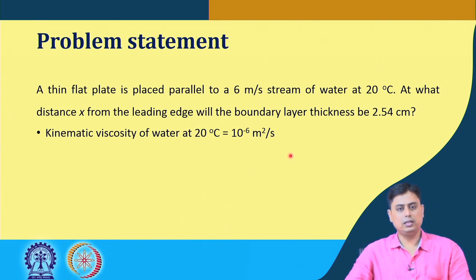So, how do we solve this? There are several correlations available. If we say the thickness of the boundary layer is delta and the distance from the leading edge is x, at a certain point where the thickness is delta, then delta by x is equal to some constant multiplied by the Reynolds number to the power of some coefficient.